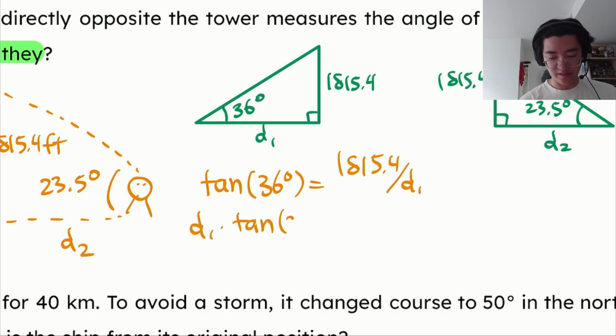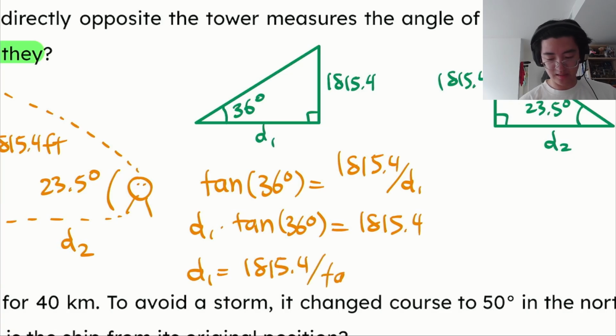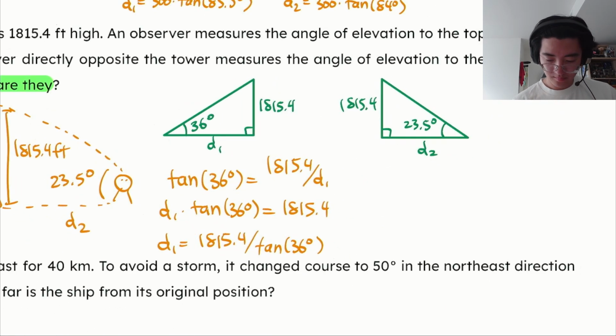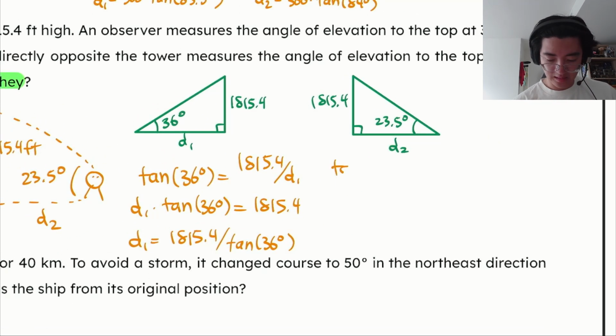This is the one with the extra steps. So D1 is 180.15.4 divided by tangent of 36. Okay, next one, the same idea, 23.5 instead.